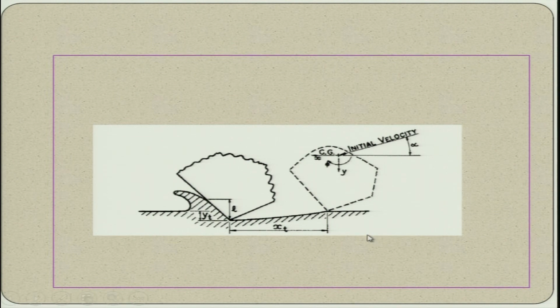Now, if it is hitting at an angle other than 90 degree, you can see this is the abrasive particle, initial velocity is there, and it penetrates because of the normal force component which is acting on this abrasive particle, and it shears the workpiece material depending upon the depth of penetration by the shearing force or component of the force in this particular direction, and this is the chip being produced, and this chip depends upon the depth of penetration of the abrasive particles.